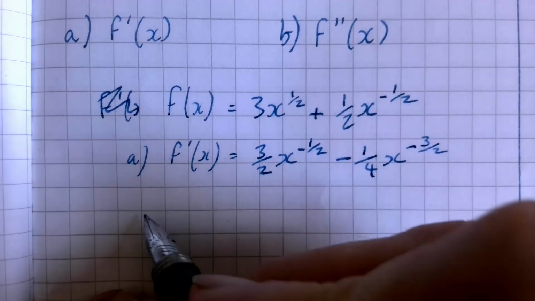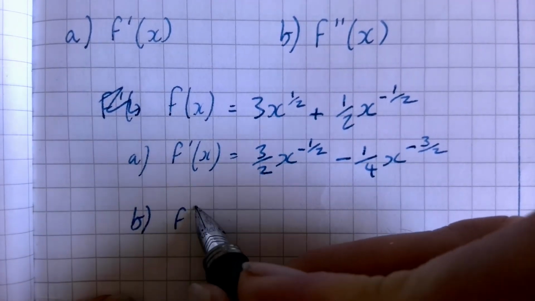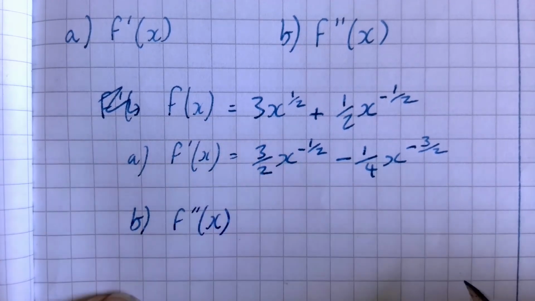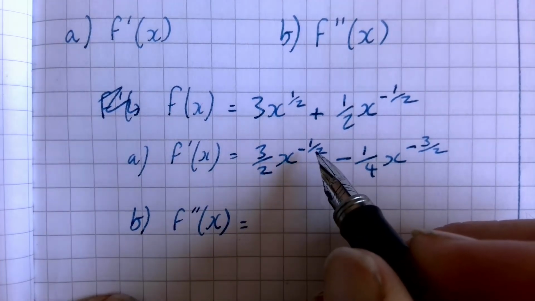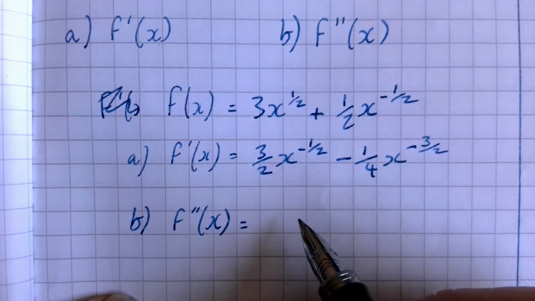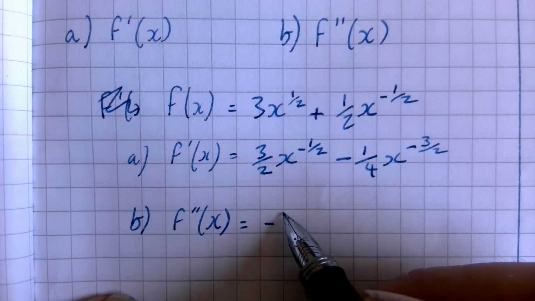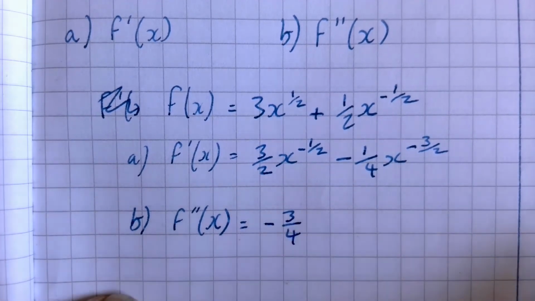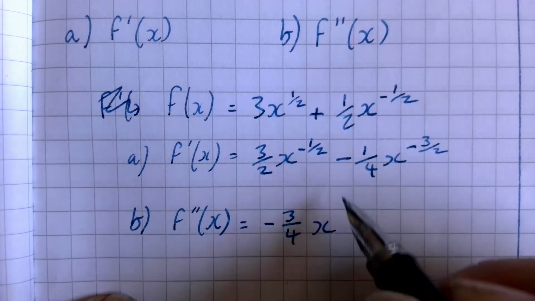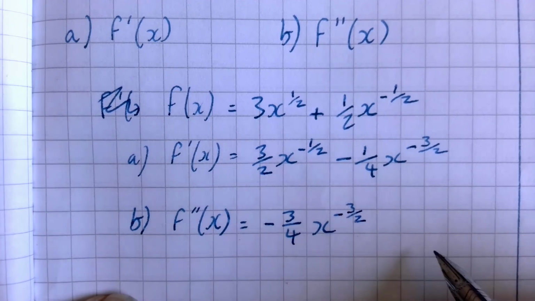And when we differentiate that again, we just go through the same thing. We just have to be a little bit careful with negatives and fractions. So a half times 3 over 2, well, it's going to be negative because it's times by negative, so, and if I keep the 3 there but do 2 times 2 is 4, we get minus 3 quarters, and that will be to the negative 3 over 2.